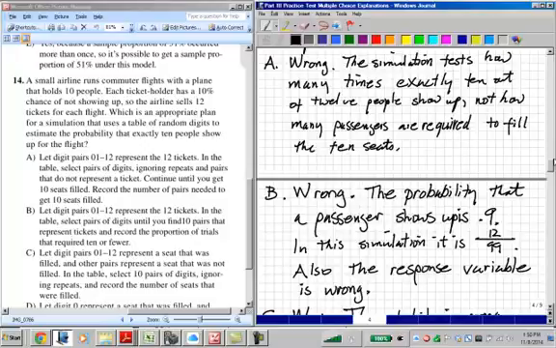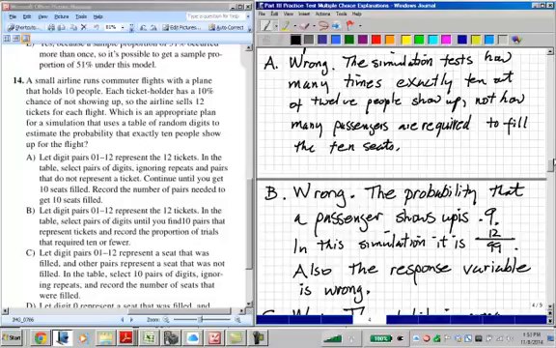The simulation tests how many times exactly 10 out of 12 people show up, not how many passengers are required to fill the 10 seats. Okay, if you're running the simulation the way it's described, you could theoretically have no seats filled. Or you could have 12 people show up. Okay, so you're not trying to fill the 10 seats. That's not what the thing is about.